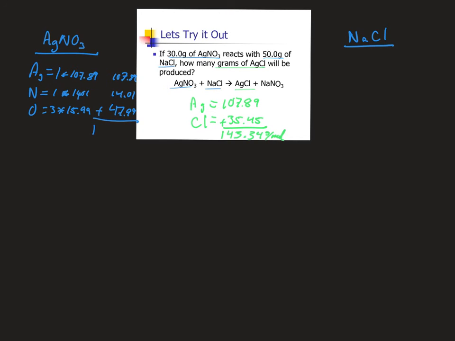Give me 169.87 grams per mole. Sodium chloride, 22.99, 35.45. Add that all up together, and I will have my, I believe, 58.44.